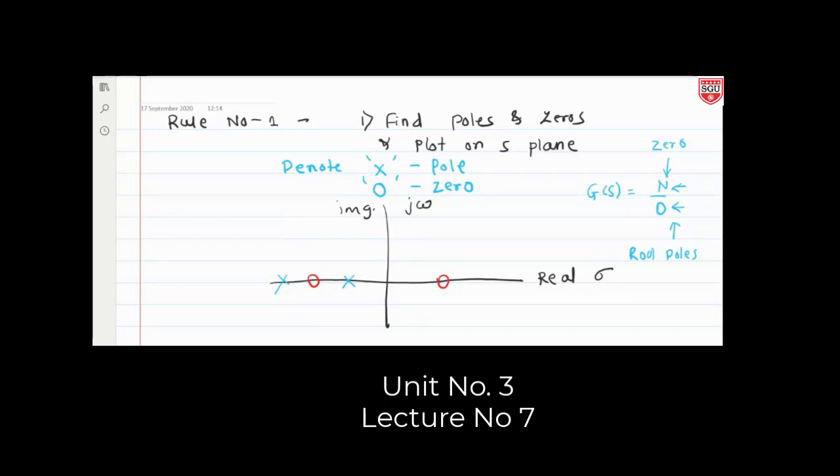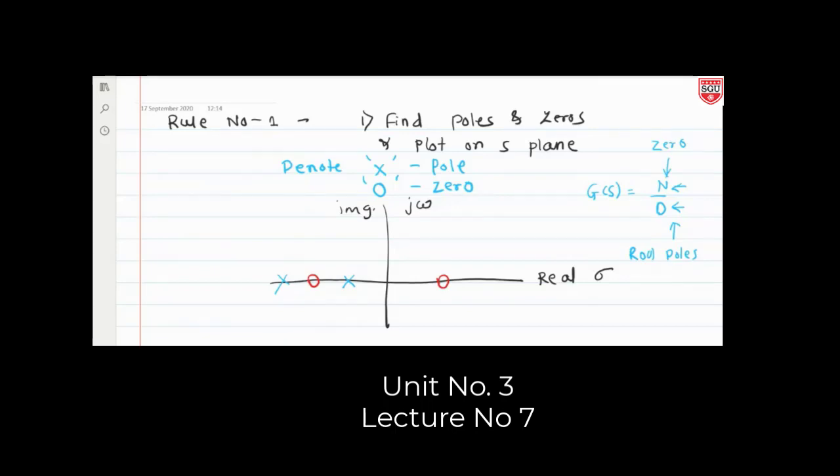At that time, we have to find out absolute and relative stability. Absolute stability tells us whether the system is stable or not. That's all. It doesn't predict what will happen to the system in the future, or what the trend of the system will be.